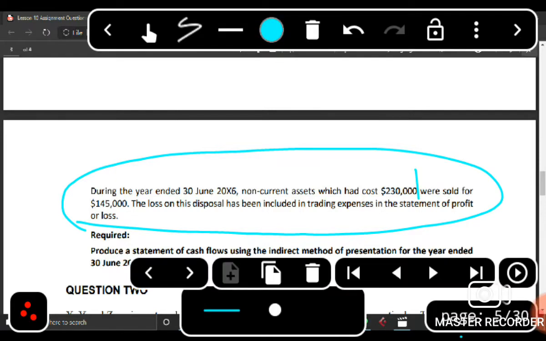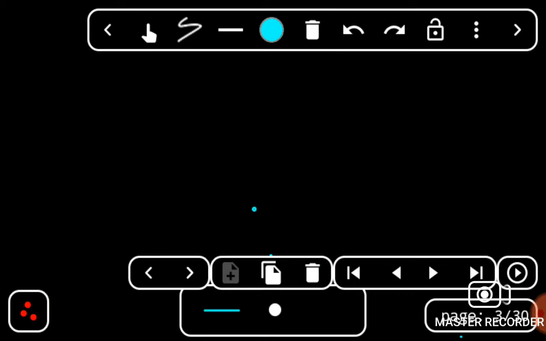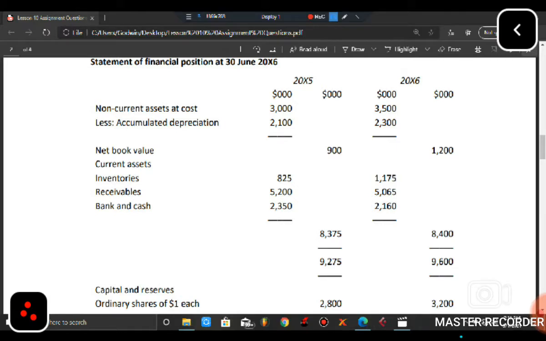Now, what you have to do when they talk about a non-current asset, if you check into this question, there's this part. It also talks about the non-current assets. We've said these are your opening balance and this is your closing balance. What was our opening balance on non-current assets? It was 3,000 and our closing was 3,500.